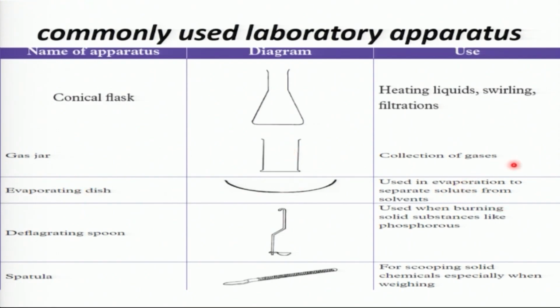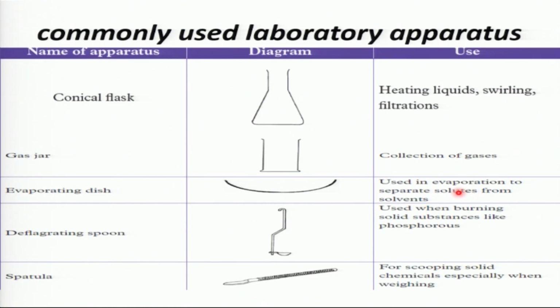So this is used in evaporation to separate solutes from solvents. What does it mean? Solutes are things, usually in solid state, that dissolve in a solvent. For example, when I get water and mix in salt, I get a solution.